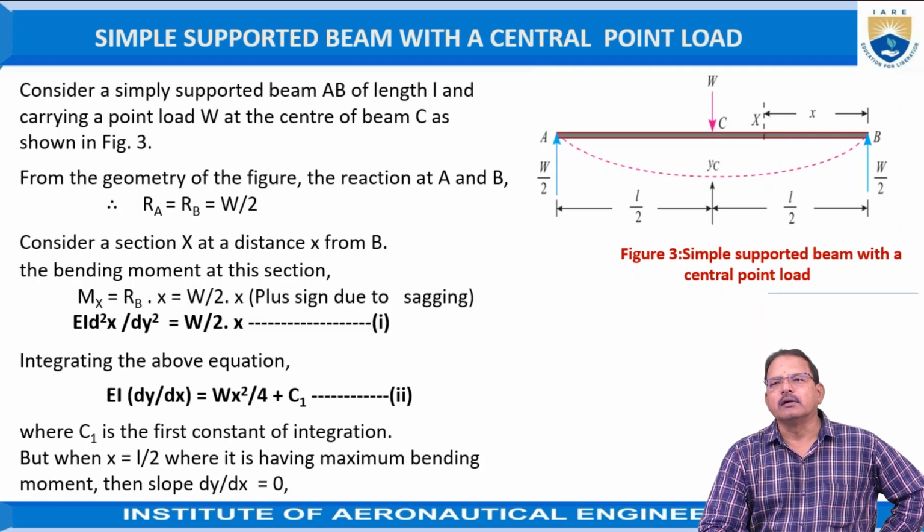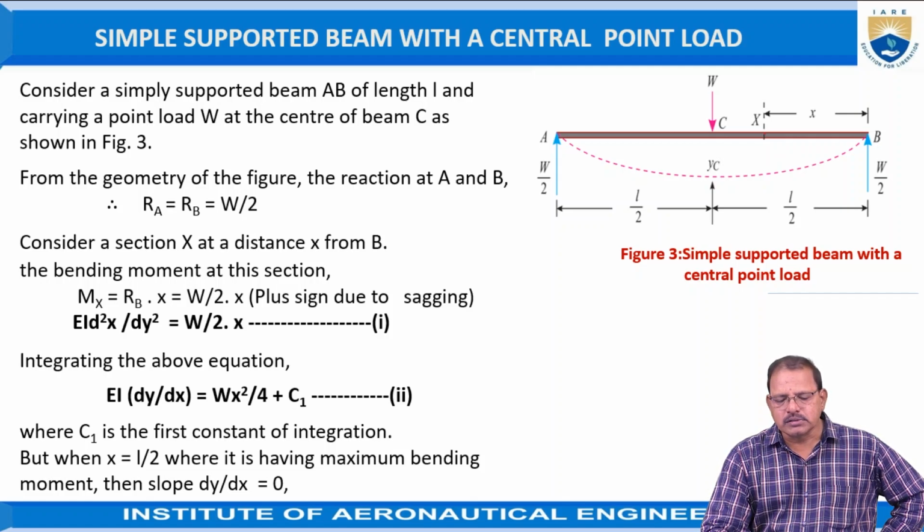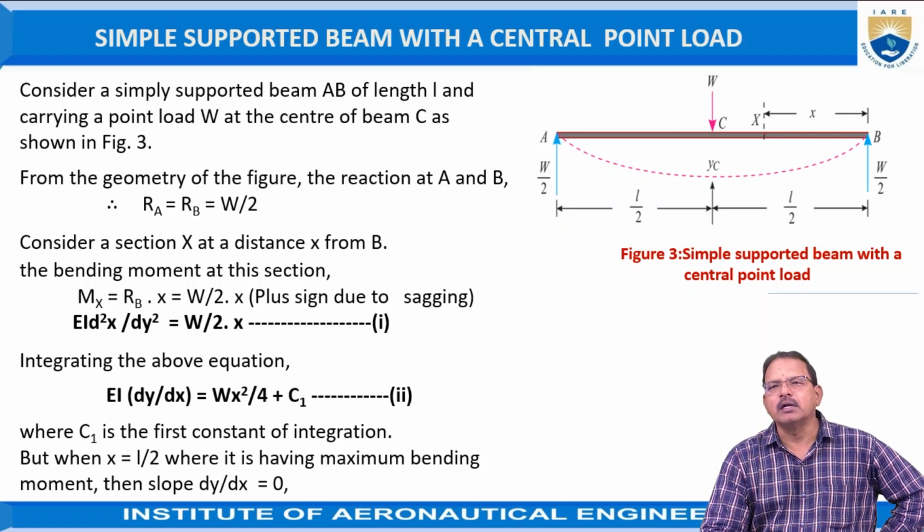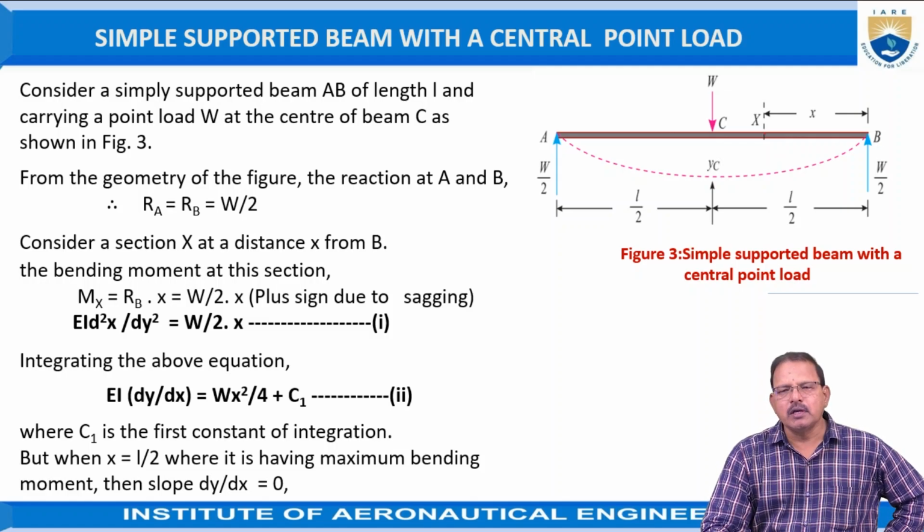Before finding the bending moment at section X, it is required to determine the values of the reactions at A and B as shown in the figure. Since the beam is in equilibrium, the sum of the forces acting in the vertical direction should be equal.